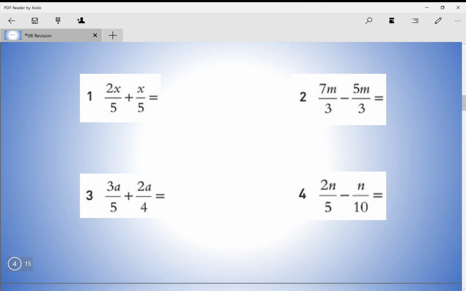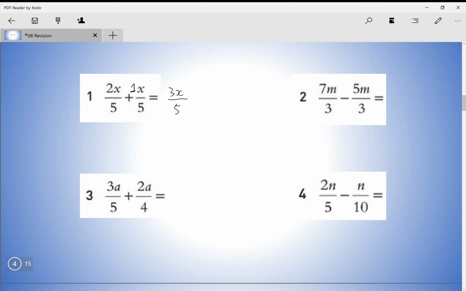Okay, adding and subtracting algebraic fractions. In this case, for the first example, because we have the same denominator of 5, we can simply do the addition from the top, and then this becomes the same as when we were collecting like terms in our first example. All we do is add the coefficients of x, which is 1x plus 2x is 3x.